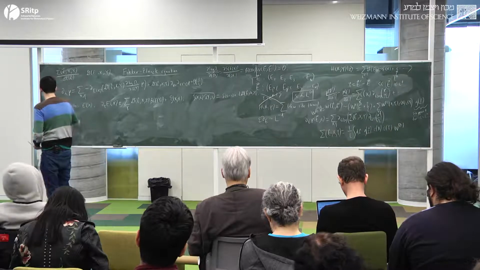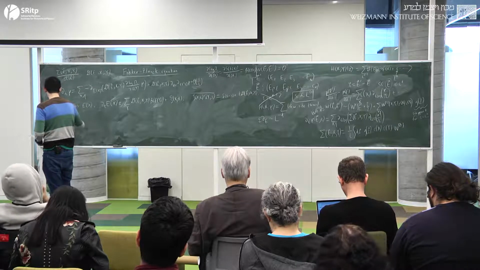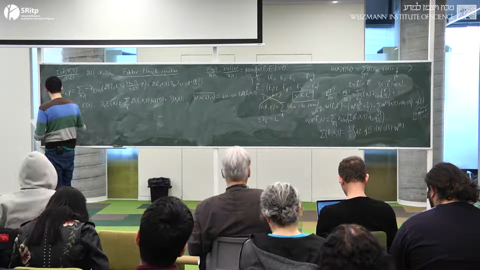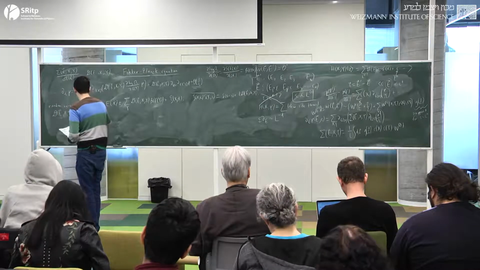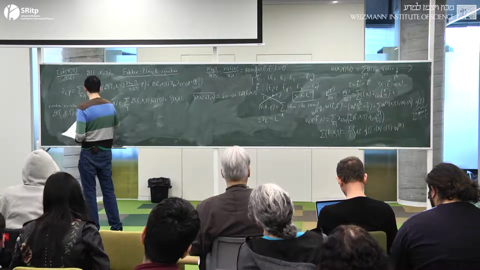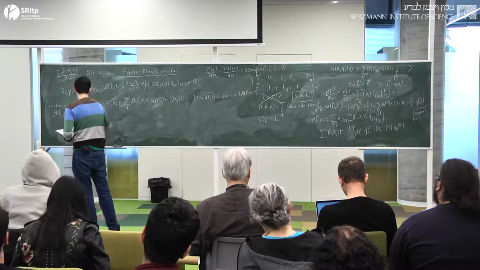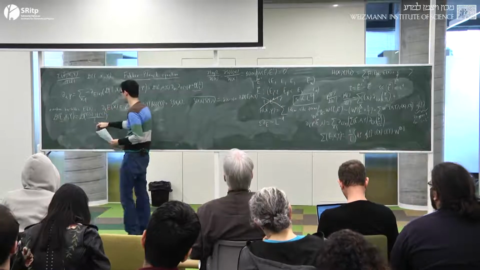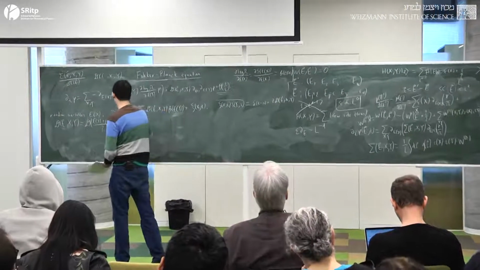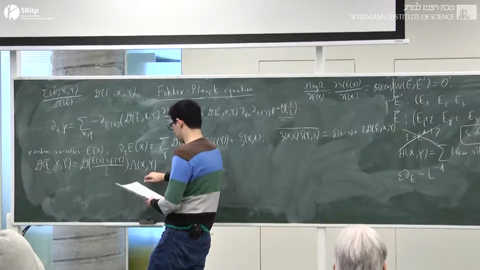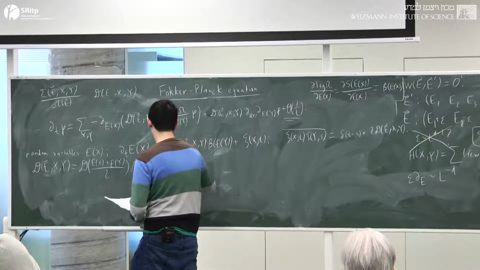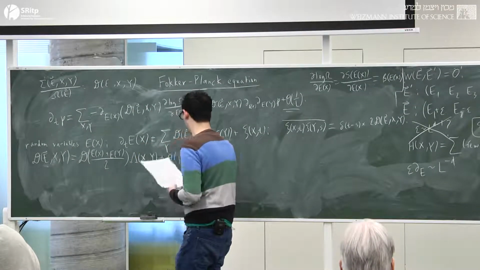And so this transition rate, curly d, you'll just have to trust me that this is sensible, but in the long wavelength limit, you can approximate it as being given by the average value of the energy times the function lambda of x and y plus order 1 over L.